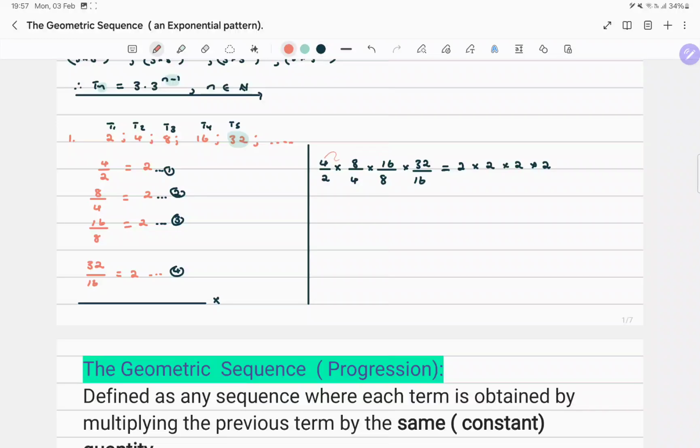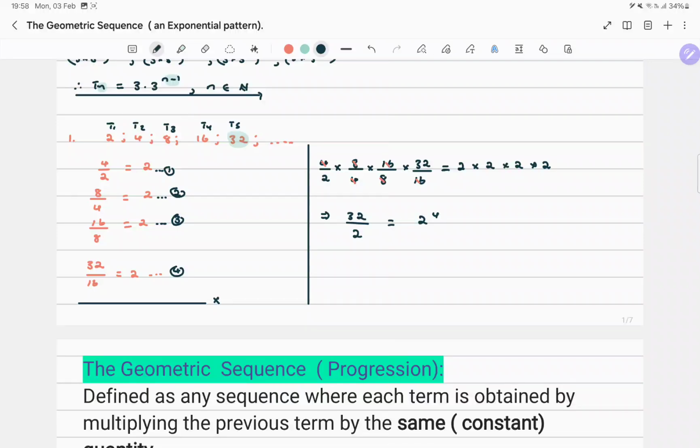Now look at the magic. 4 divides 4 to 1, 8 divides 8 to 1, 16 divides 16 to 1. And therefore we end up with 1 times 1 times 1 times 32. So what do we have here? We've got 32 divided by 2 times 1, which is just 2, equal to 2 to the exponent 4.